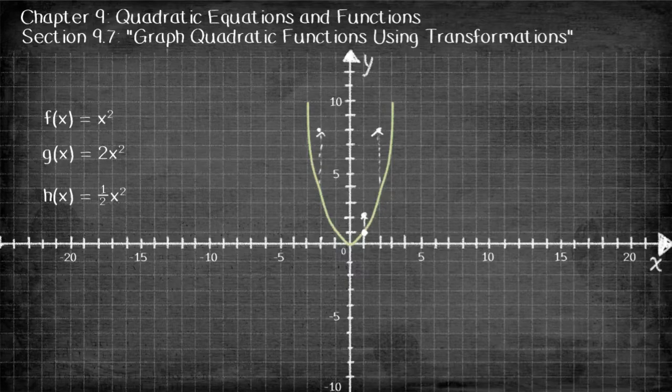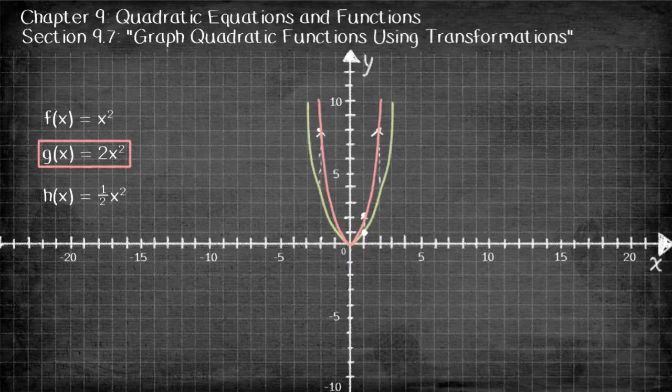So depending on where you are in the parabola, you're going to be moving up or down more. And so actually the net effect is that the parabola gets skinnier looking, because it's almost like we grab a hold of the green parabola and we stretch it vertically. And that makes the parabola look skinnier.